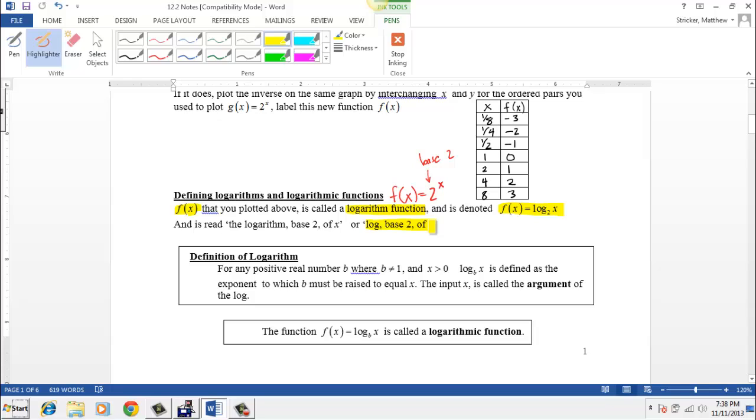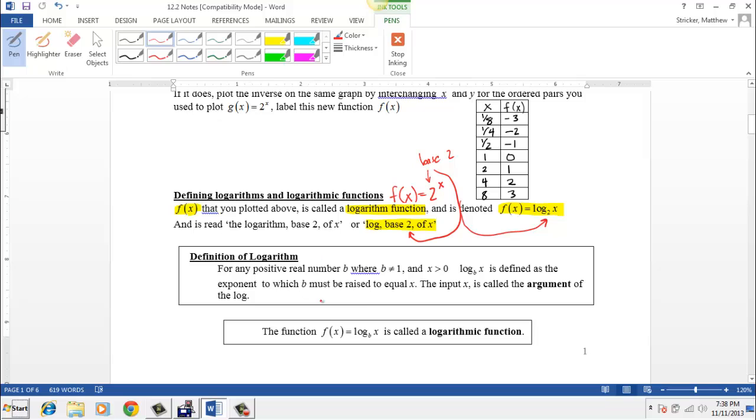One thing I want you to notice is that both our original function, 2 to the x power, and our logarithmic function have base 2, and you see the 2 show up in the definition of the function. And here we have our formal definition.